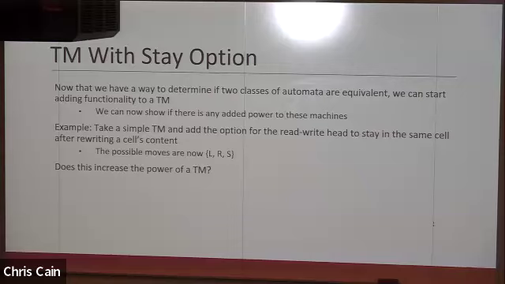So given that you moved right, read the character, write that same character, move back left. If you move left, read that character, write that character, and move back right. And that would simulate or emulate a stay. So it takes two transitions in one Turing machine for what another Turing machine could do in one transition, but you could map any instruction set of one Turing machine onto the other, and you would have two machines that are capable of doing the same thing, it's just with slightly different instruction sets.